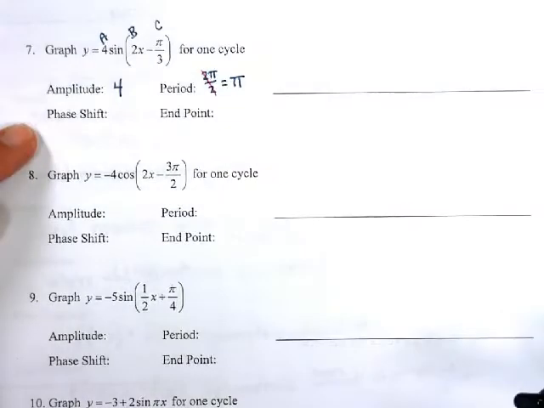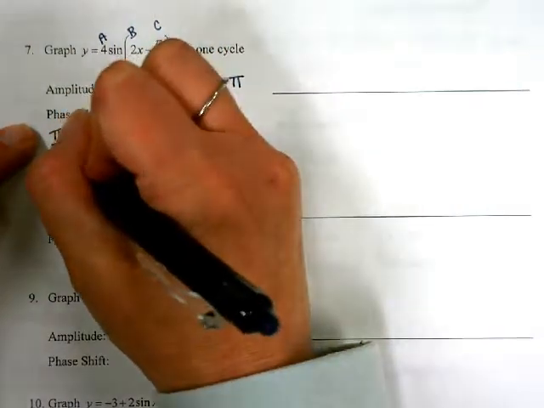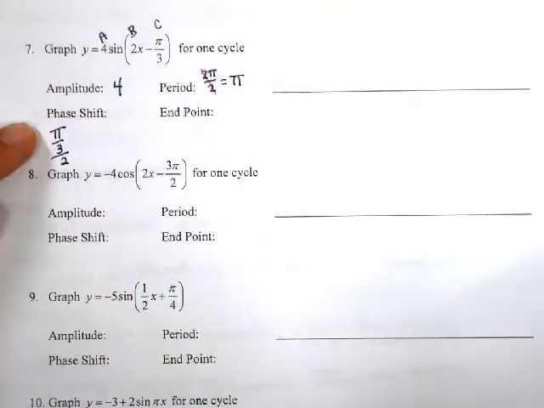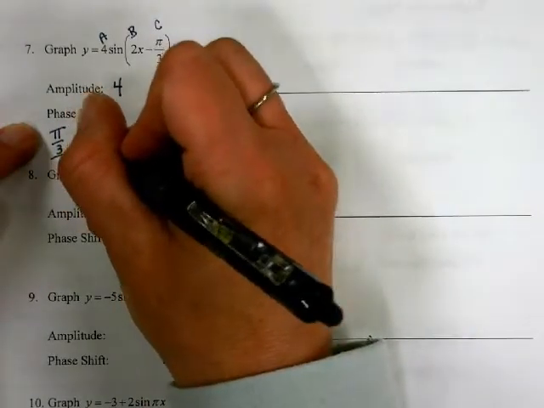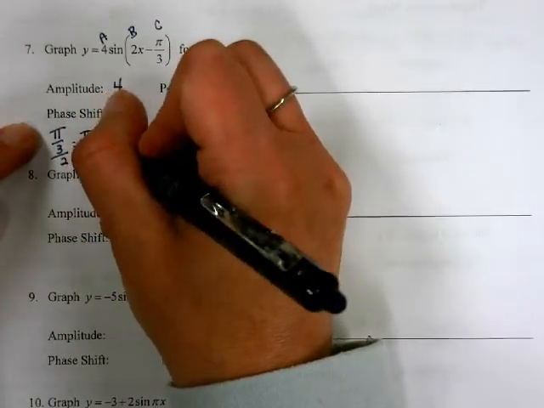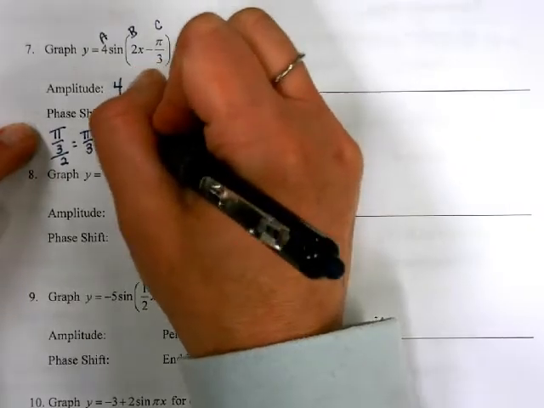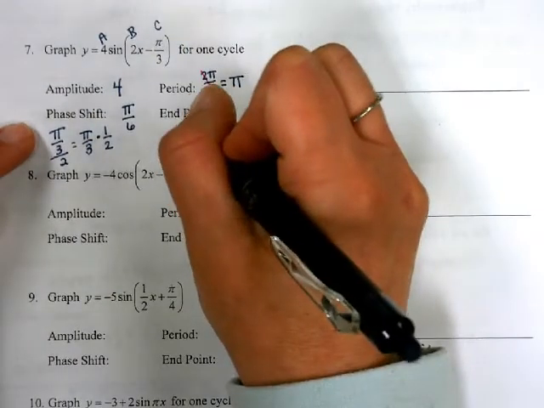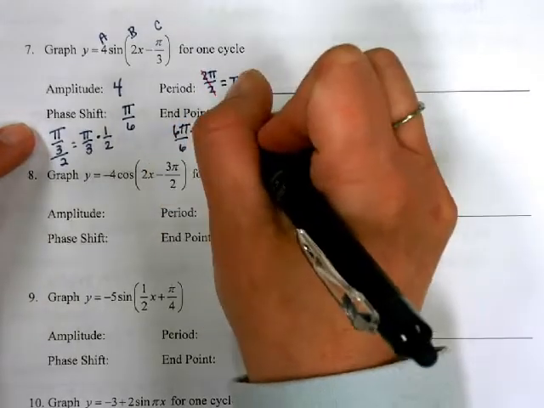Phase shift is negative C, so a positive pi over 3 over 2, which means pi over 3 times, copy dot flip, multiplied by the reciprocal, so my phase shift is positive pi over 6. So pi plus pi over 6, well that's 6 pi over 6, so 7 pi over 6.